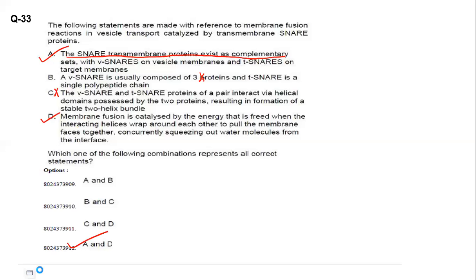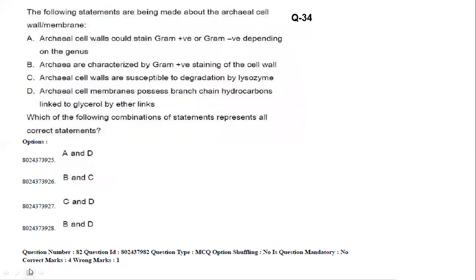Now see the next question. The following statements are being made about the archaeal and bacterial cell membrane. We know that archaebacteria is the primitive type, more closer to eukaryotes, right?